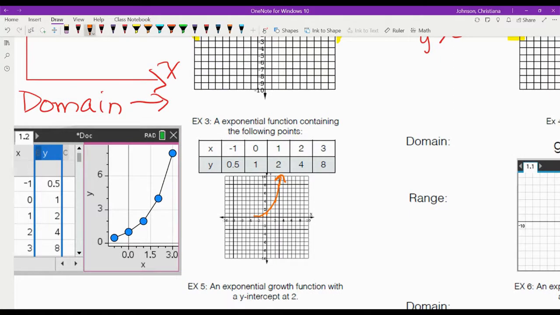Again, this is representing a function, so that means all real numbers. It didn't say that this was the only points. It does say function. That tells us it keeps going. And then now we need to figure out where is it starting from. Well, it looks like it's approaching but not getting to 0 again, and this time it's going up. So our y is greater than 0, because our asymptote is at y equals 0.